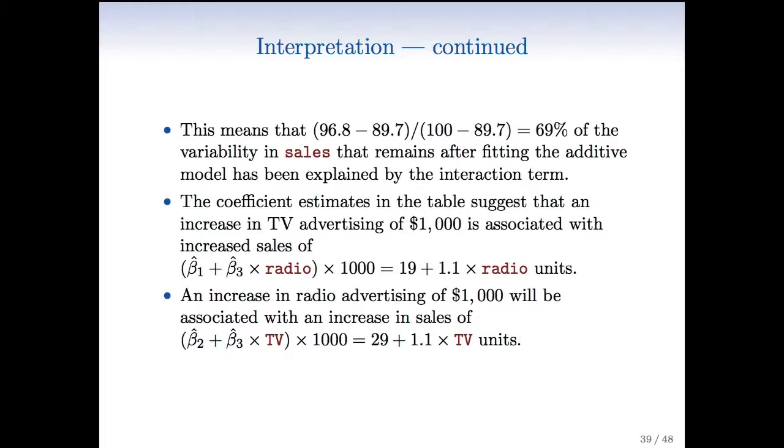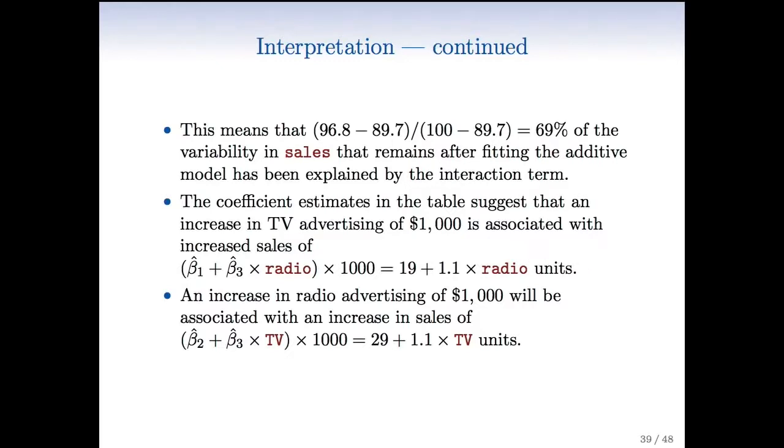The coefficient estimates in the table suggest that an increase in TV advertising of $1,000 is associated with an increase in sales of, and we plug in the numbers for beta 1 and beta 3, 19 plus 1.1 times radio units.